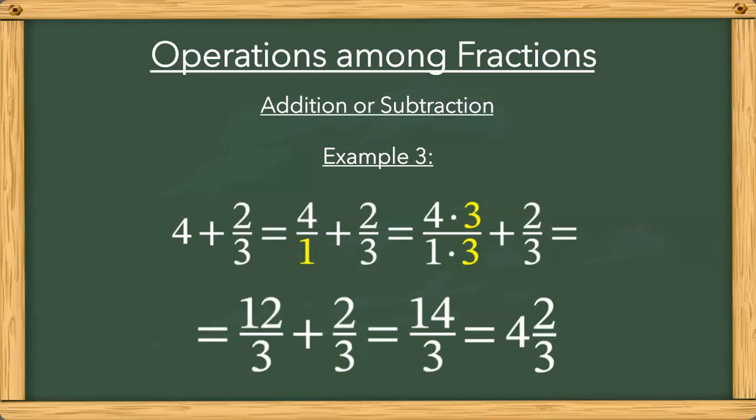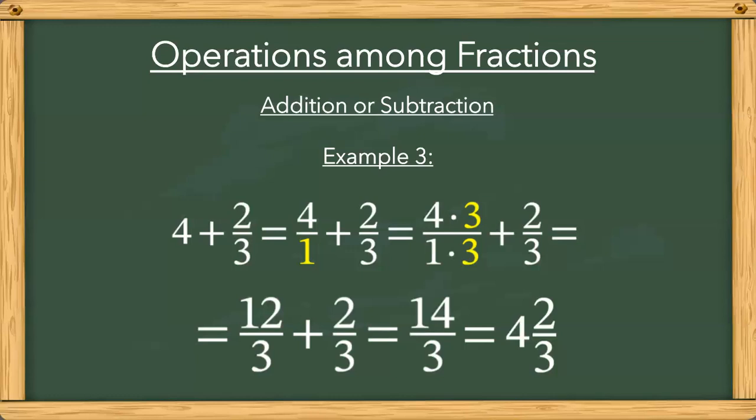And we see that we have an improper fraction, so we can convert it to a mixed fraction. And how do we do it, as we know, if we think how many times 3 goes into 14, it's 4 times. 3 times 4 is equal to 12.